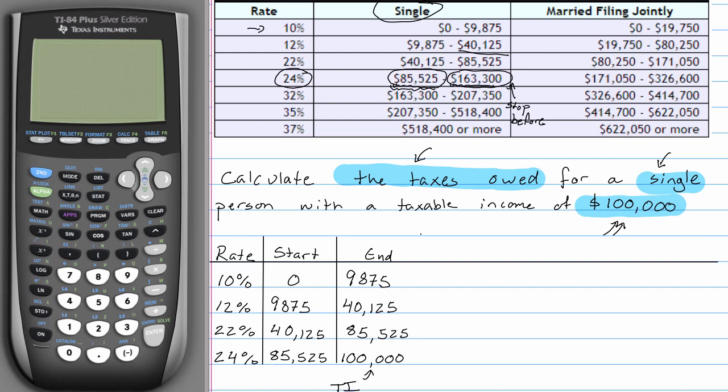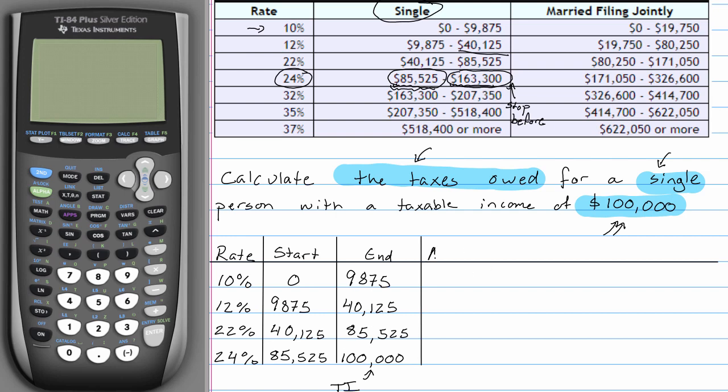Okay. So what do we do with that? Well, that means that our person earns some amount of money after they've earned $0 and before they've earned $9,875.